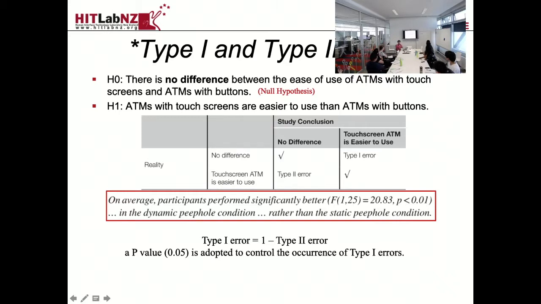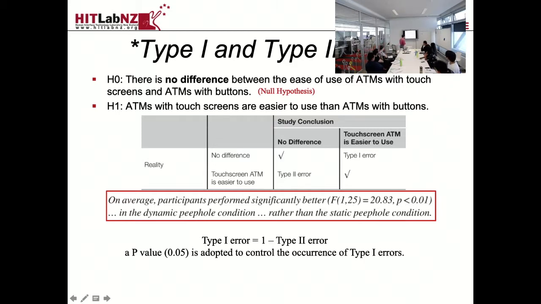Currently, they use the traditional way, a physical button you push. But maybe someone suggests that if we have a touch screen, it will be easier for the customers to use. So they are considering, is this true or not, right? In this case, the alternative hypothesis is there's a difference: ATMs with touch screen are easier to use than ATMs with buttons.